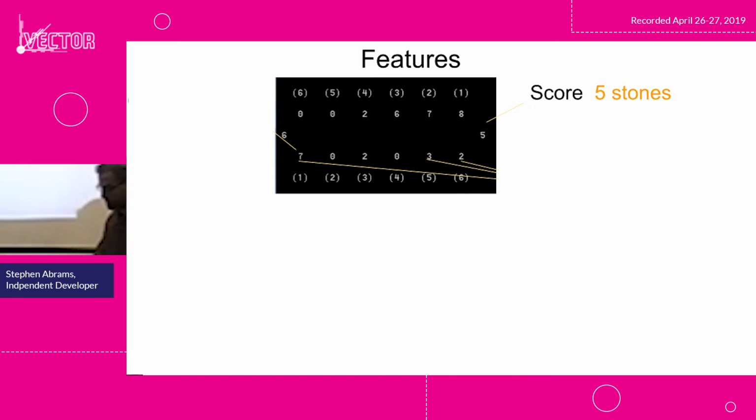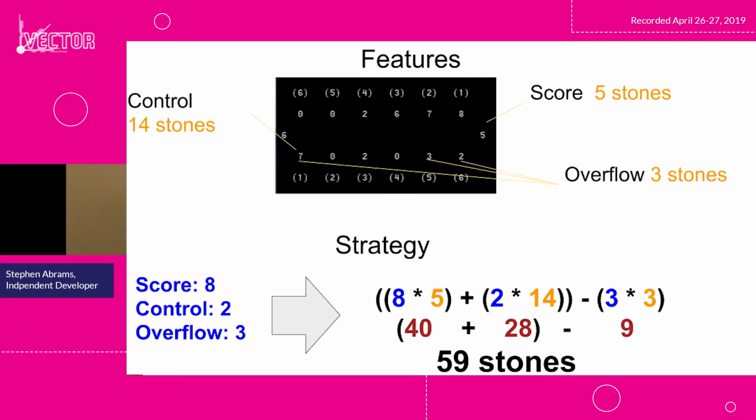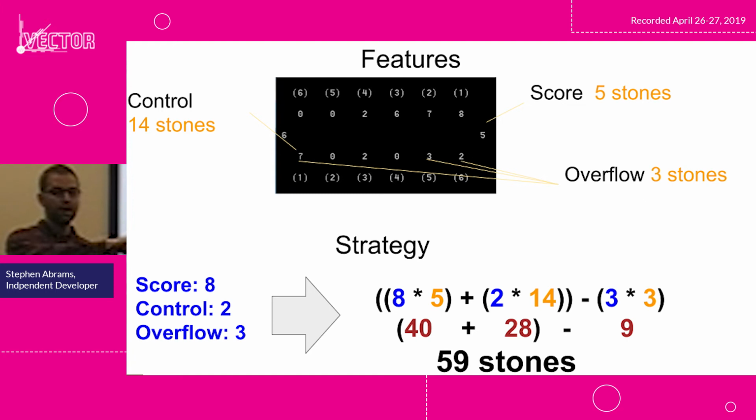Yes, and that's another feature that I included here, and I just called it, sorry, I skipped ahead here. I'll just show you all of them. I called it overflow. It's sort of how many stones are necessarily going to go to the opponent's side because I have too many in my bucket.